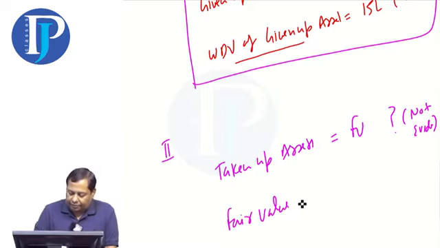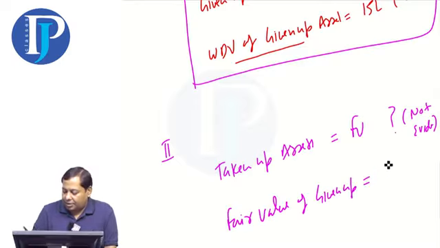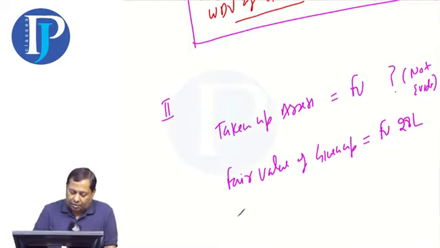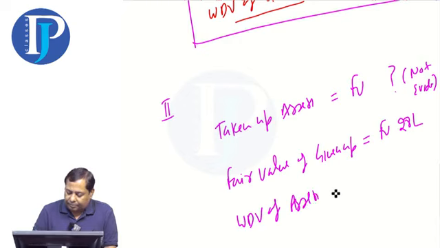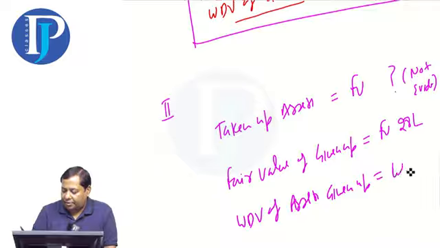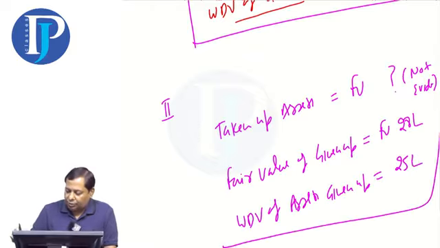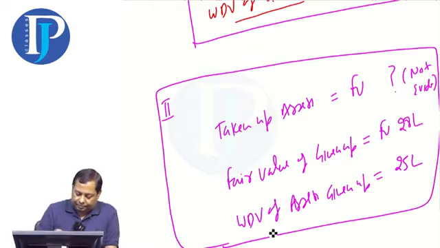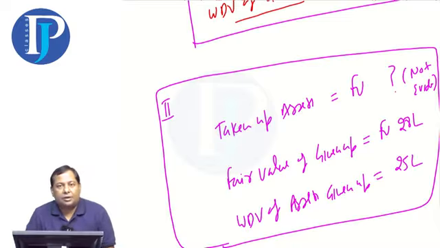Fair value of the assets that were given up: we found out the fair value of this is 28 lakhs, and its WDV is 25 lakh. So this is the second case.